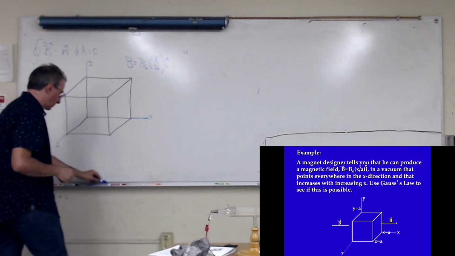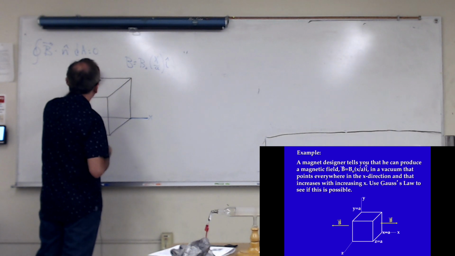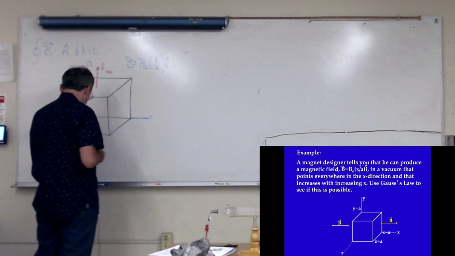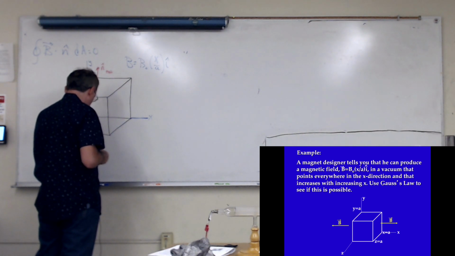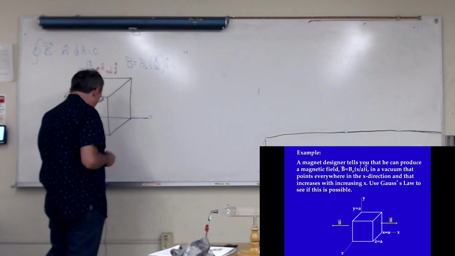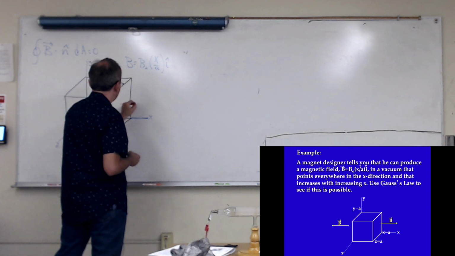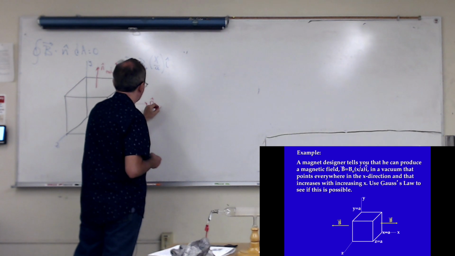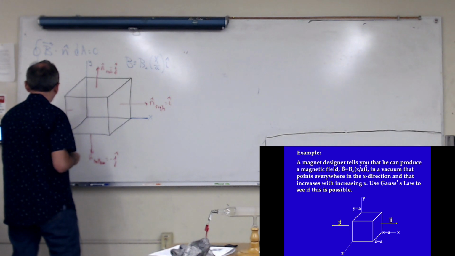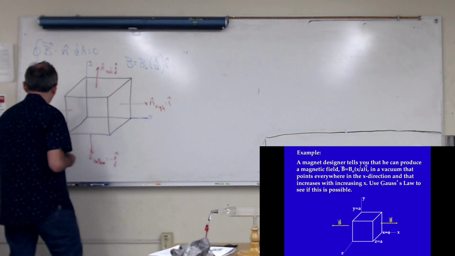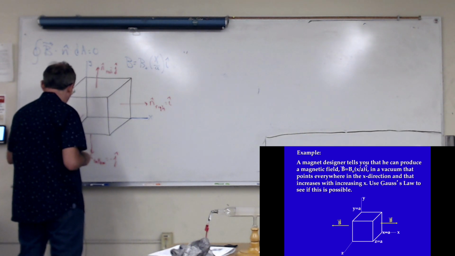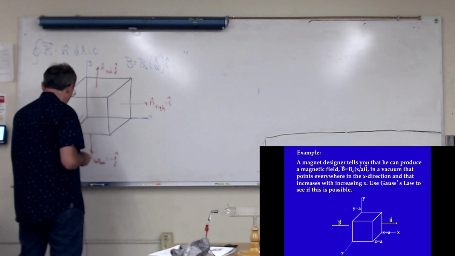So let me draw some normals to the surfaces. Top and bottom: this is in the j hat direction, and this is in the minus j hat direction. Right and left, front and back.